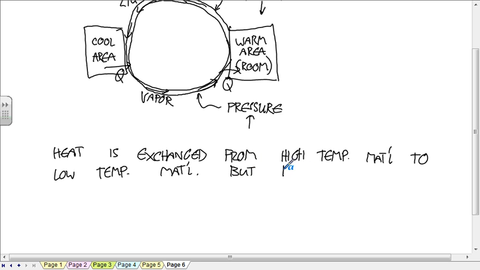But how? How is it exchanged? And there are three ways.